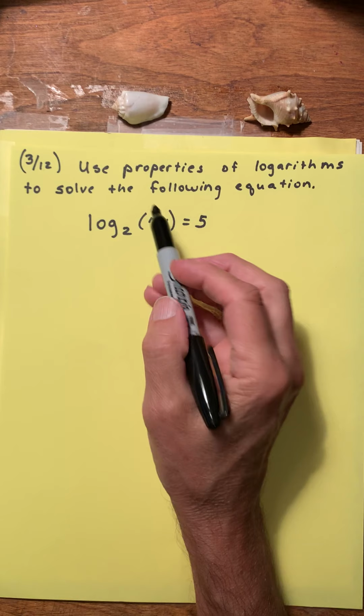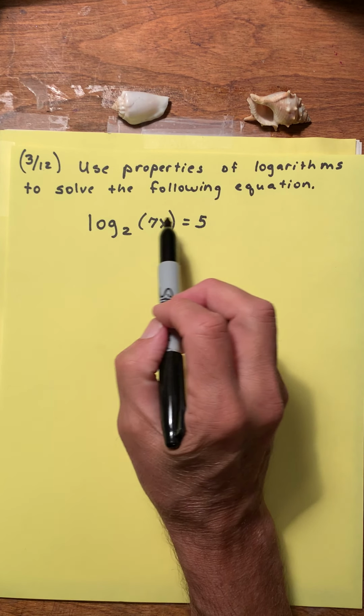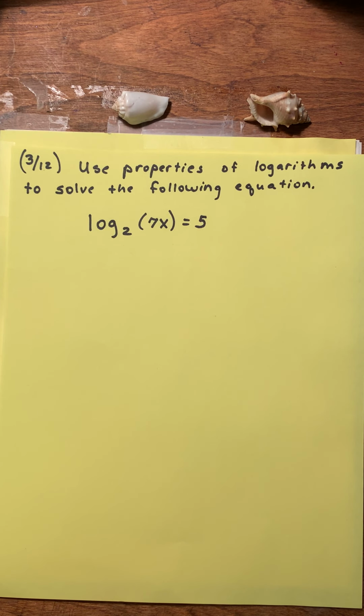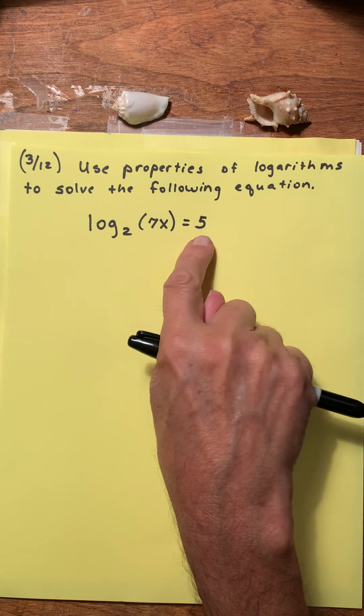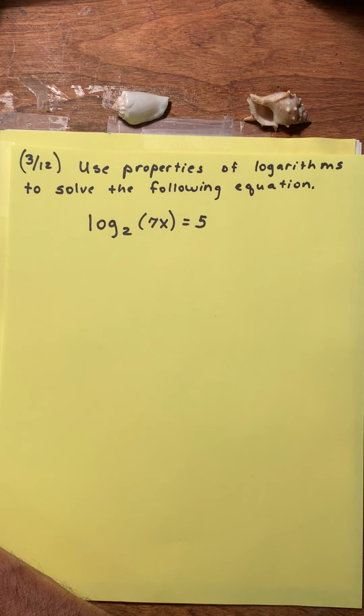Okay, let's try this one. Use properties of logarithms to solve the following equation. Now here's the perfect example of a logarithmic expression being very vague and hard to grasp.